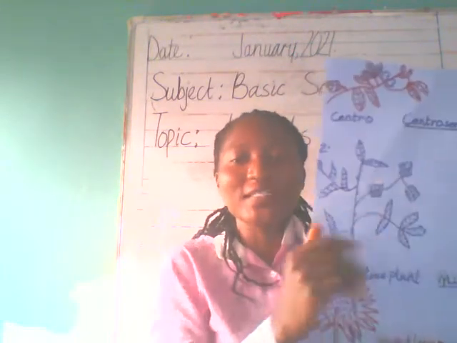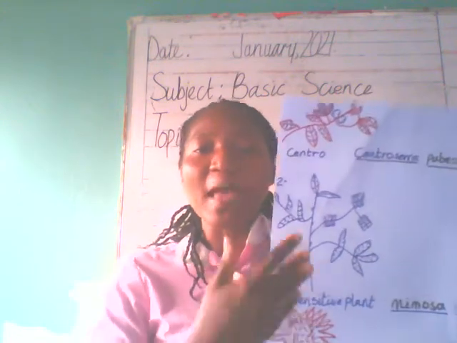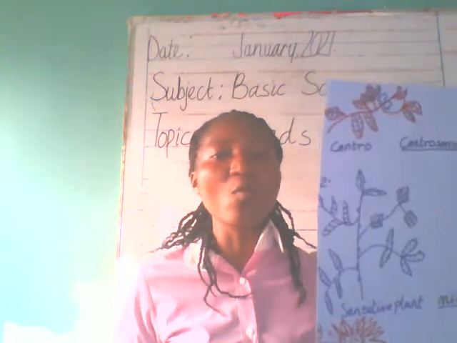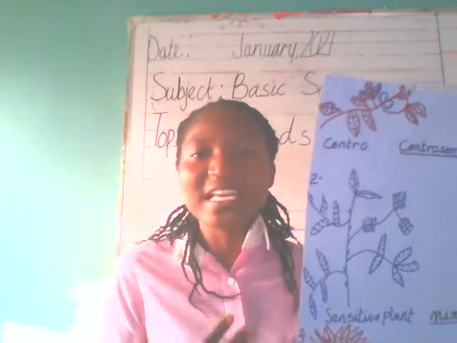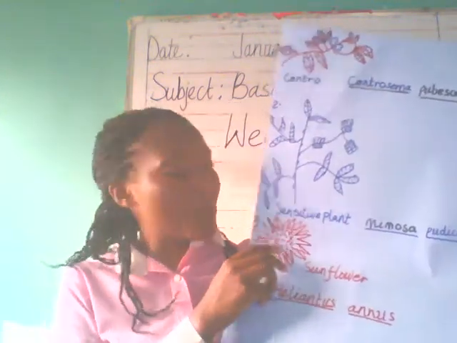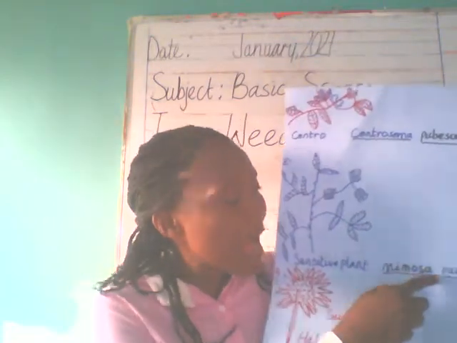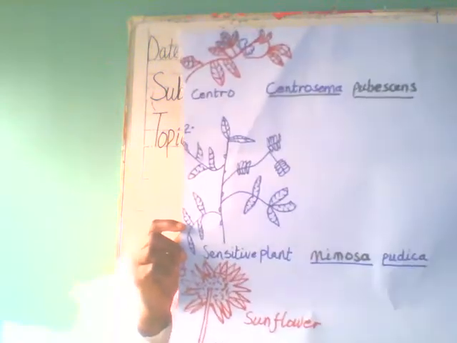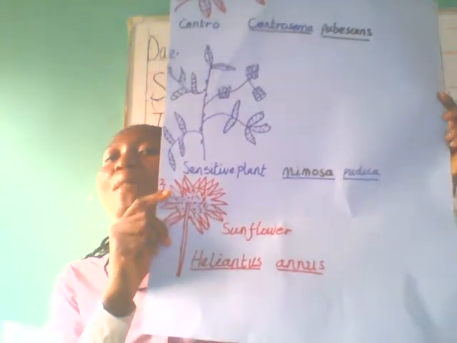That is why it is called sensitive. Other plants can't feel it when you touch them, but this particular one senses that someone touched it. And what is the scientific name? Mimosa pudica. Again, Mimosa pudica.